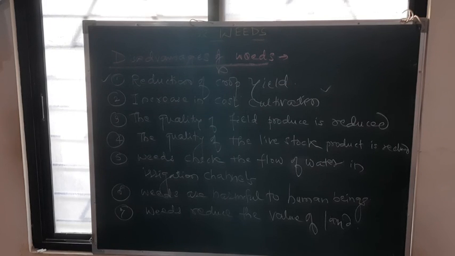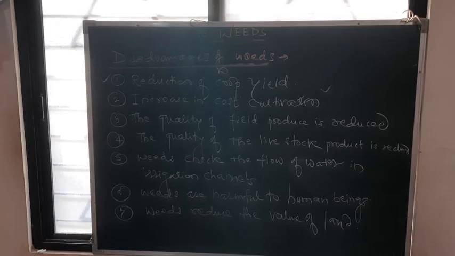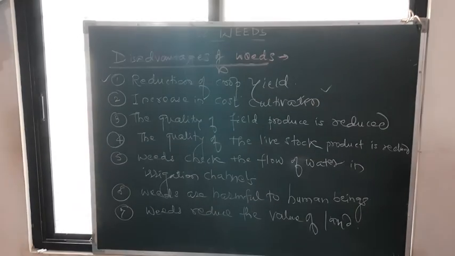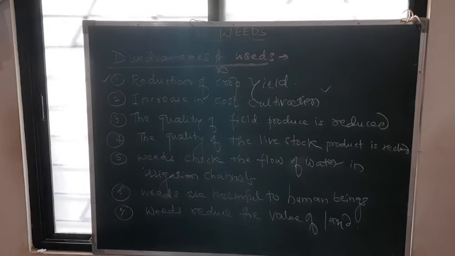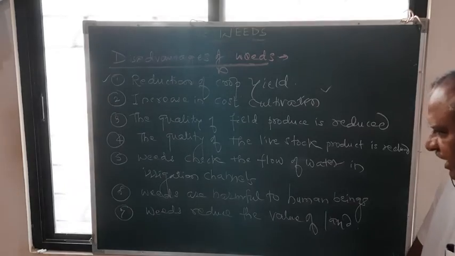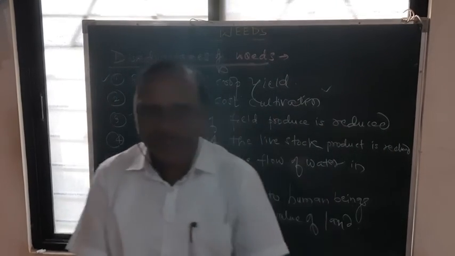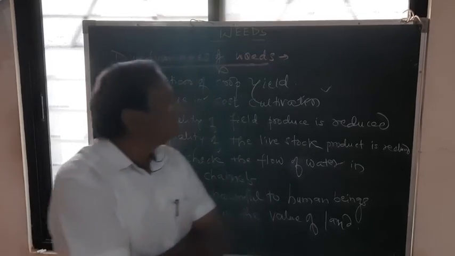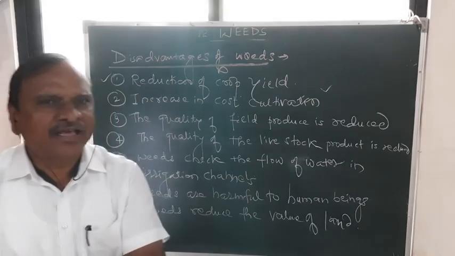Means the quality of livestock production, the animals which depend upon the crop plant, is also reduced. Then weeds are harmful to human beings, means they cause disease. And lastly, the weeds reduce the value of the land. These are some disadvantages of the weeds. Okay, thanks.